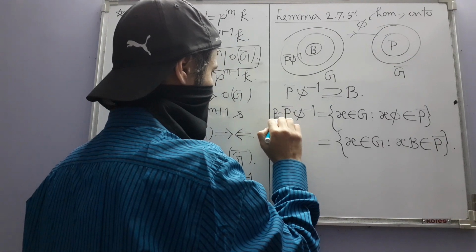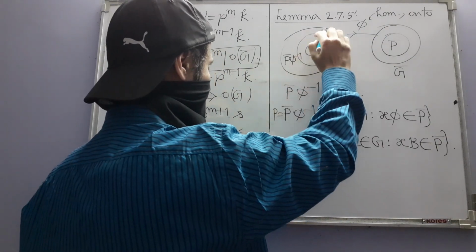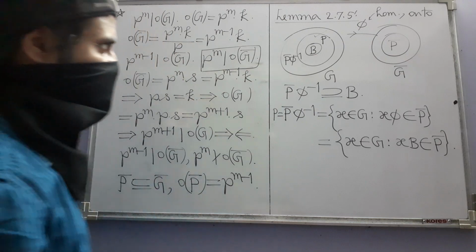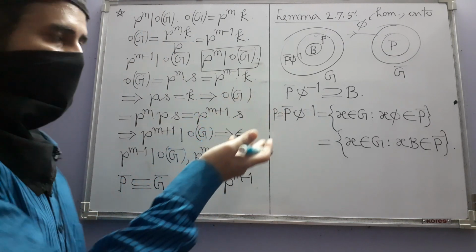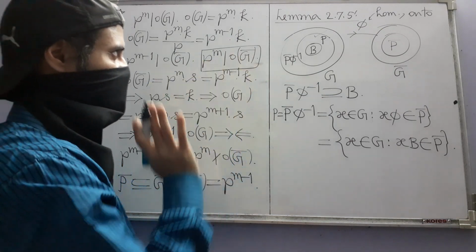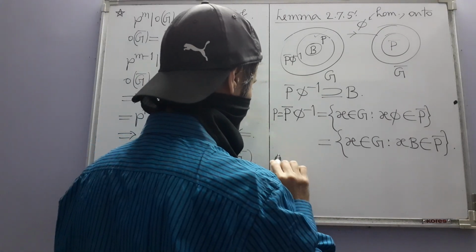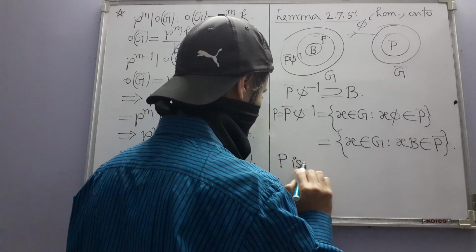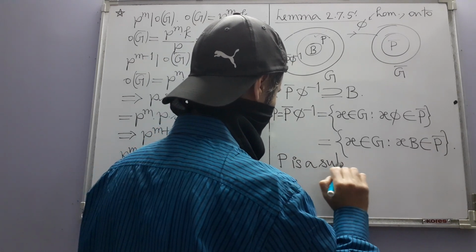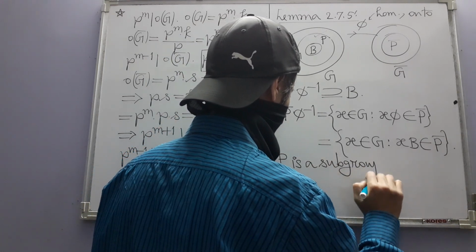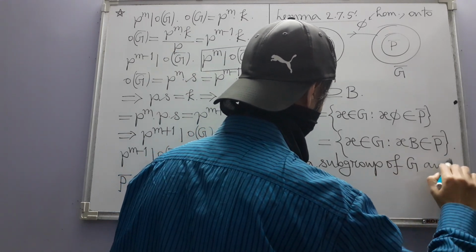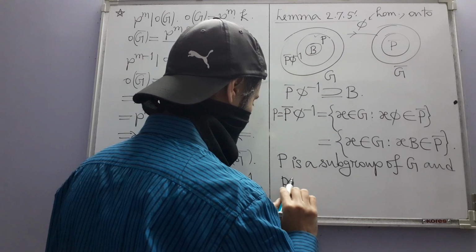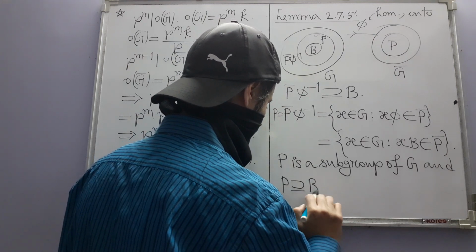Let us call it P, that is, this is our P. Then by this correspondence theorem lemma 275, P is a subgroup of G and P contains B.